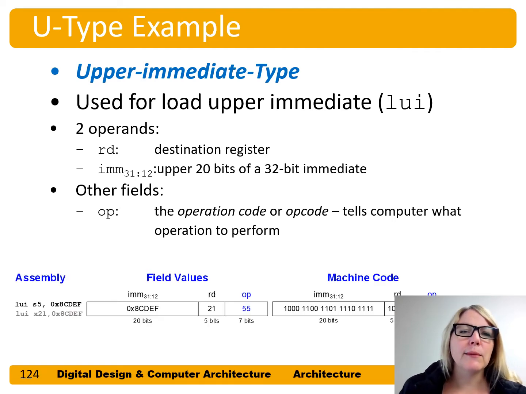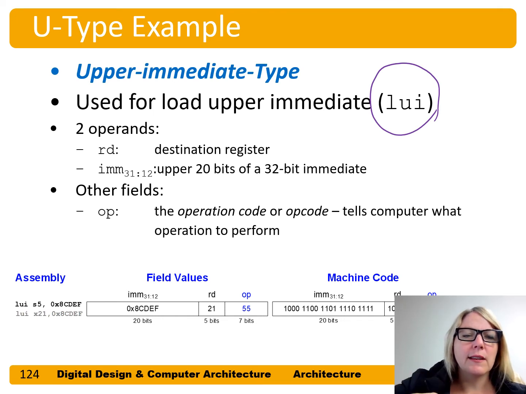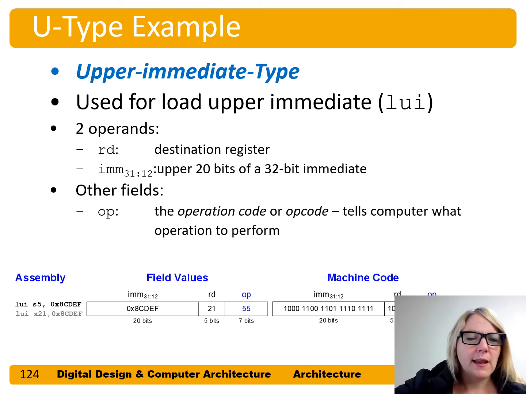Here's a U-type example: the load upper immediate, or LUI instruction. RD is the destination register, and our immediate field is the upper 20 bits of that immediate. For example, suppose we have load upper immediate with S5 as our destination register, which we convert into the register number, 21.